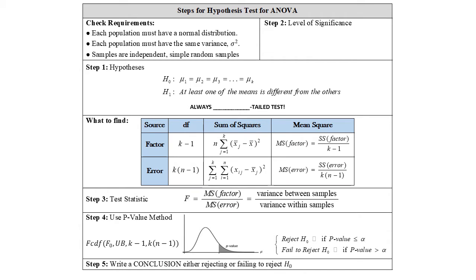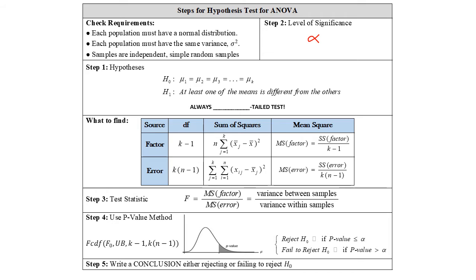So here's an overview of the strategy for hypothesis testing with analysis of variance. First, we're going to have several samples where each sample comes from a population that's normally distributed, and the populations have the same variance. The samples are independent simple random samples with a level of significance denoted alpha.